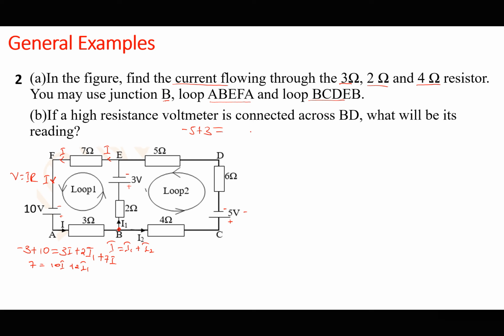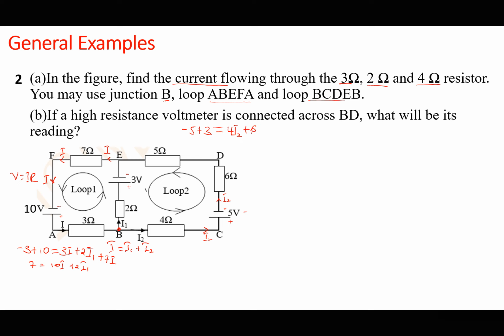This should be called the sum of the PDs. So for the sum of the PDs, I look at the resistors. From B to C, the current I2 is in the same direction as the loop. So the PD is positive, which is 4 times the current I2. C to D, the same current I2 flows here, and it is in the same direction as the loop.